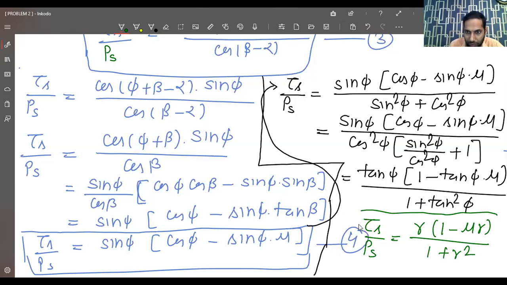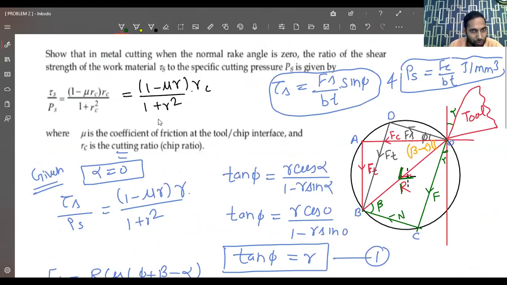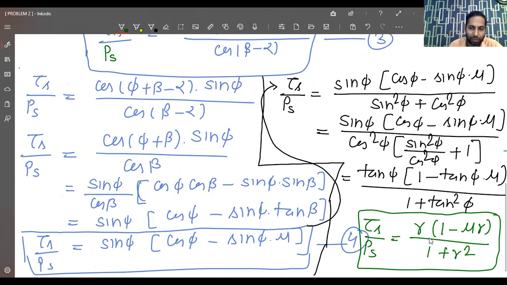Okay, so this is the relation we were trying to prove. 1 minus mu r upon 1 plus r square into r. So hence proved. So this is our answer.